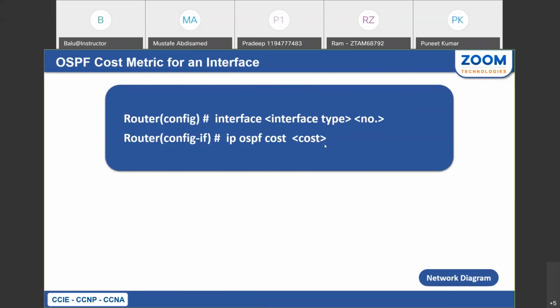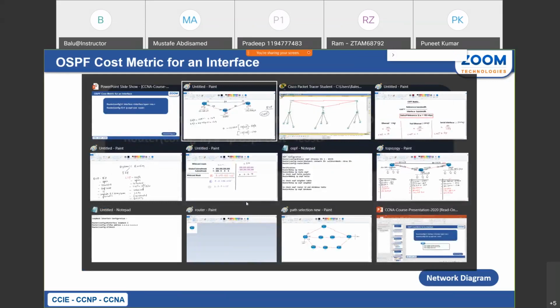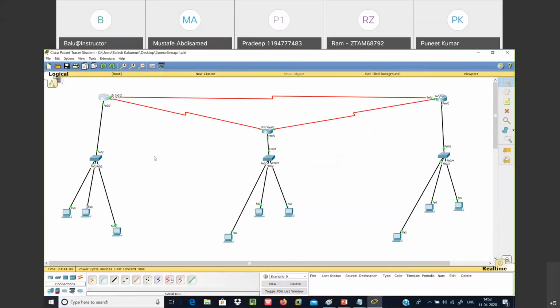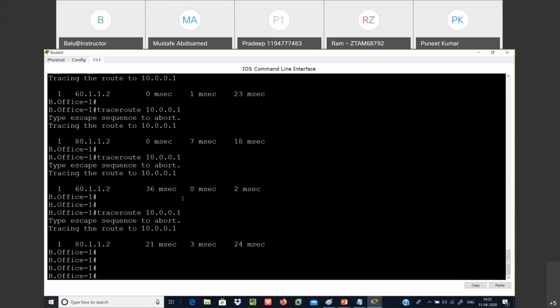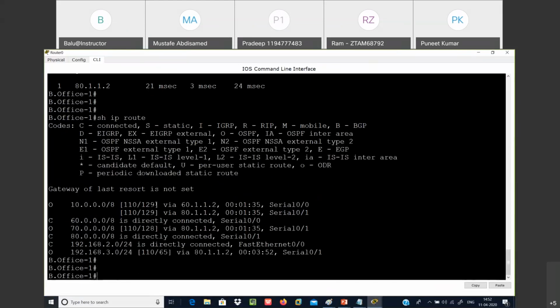So like this, we can understand the OSPF protocol, routing table, and load balancing. What more information do we need to focus on in the routing table? How 129 came, what the interface is, all about the OSPF table. Okay, guys.